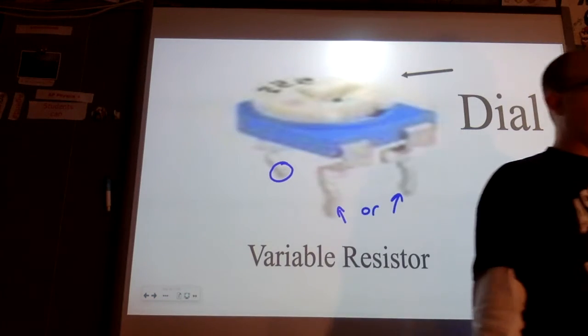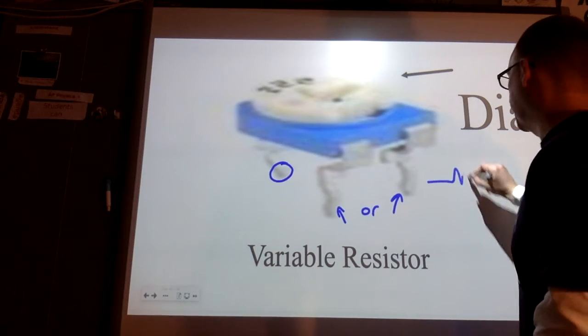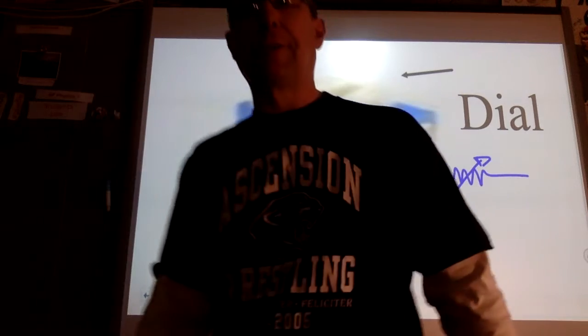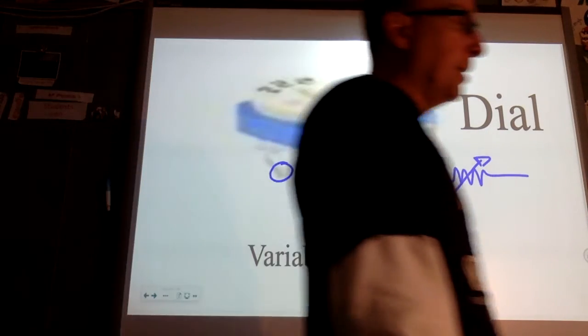So you don't use both of them, so one or the other. And by twisting it, you're going to get different resistances. The schematic symbol for a variable resistor is the schematic symbol for a resistor with an arrow diagonally going through it. So that tells me that it is variable.